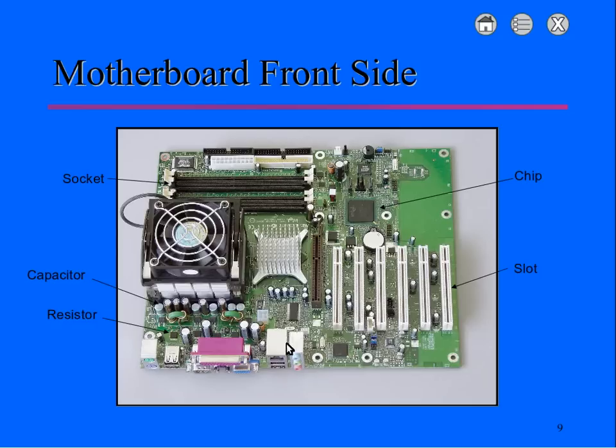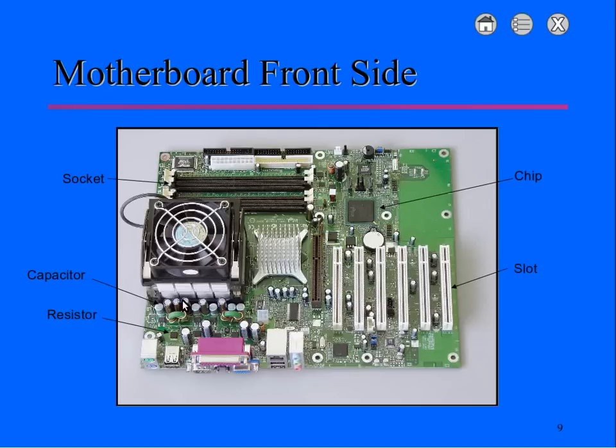There's an area of the motherboard that provides connections to the outside world. The input-output connections to the motherboard are located in a particular configuration that is standardized. Another thing you may notice is various other components scattered around the motherboard. A number of different smaller integrated circuit chips.